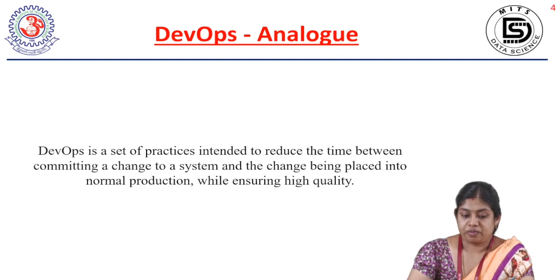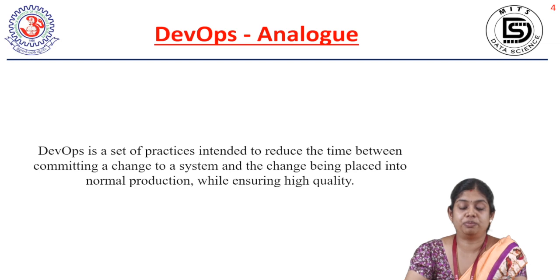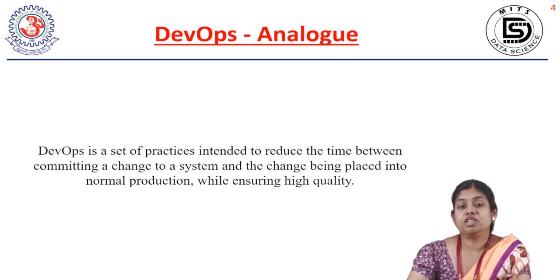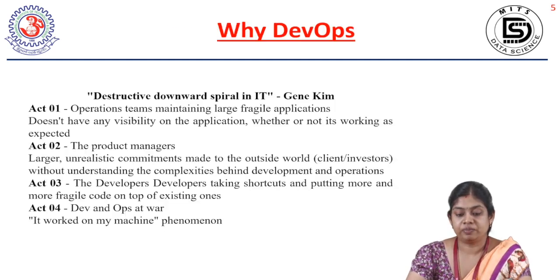So coming to the proper definition, you can say it is a set of practices which will give you a change in the system you're following, so that you will get a better product being delivered, which will assure you of quality.